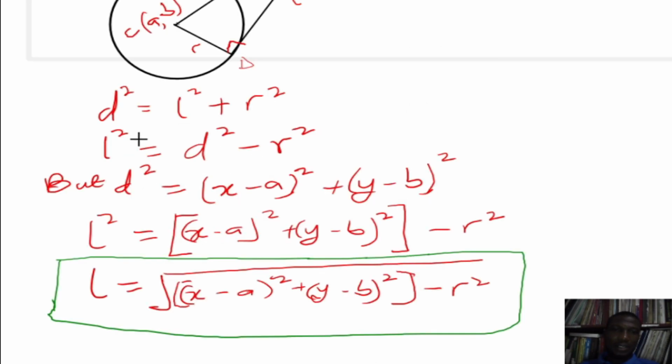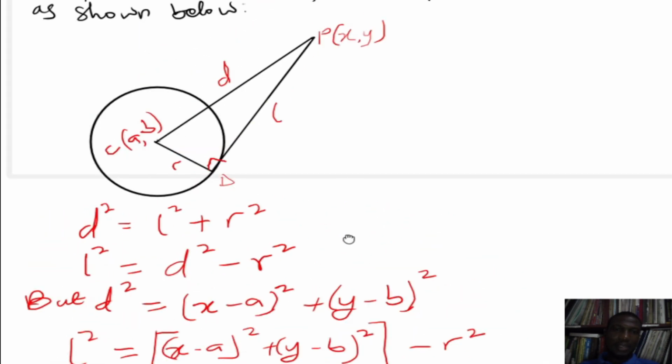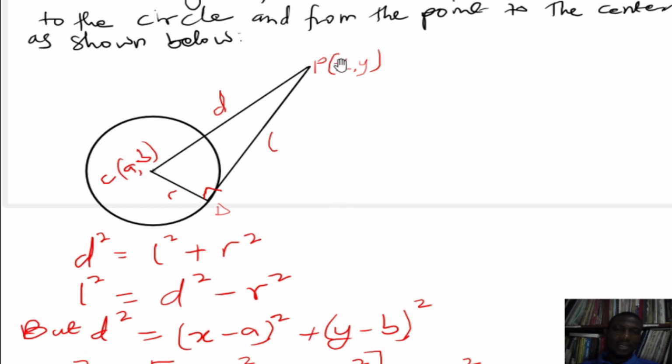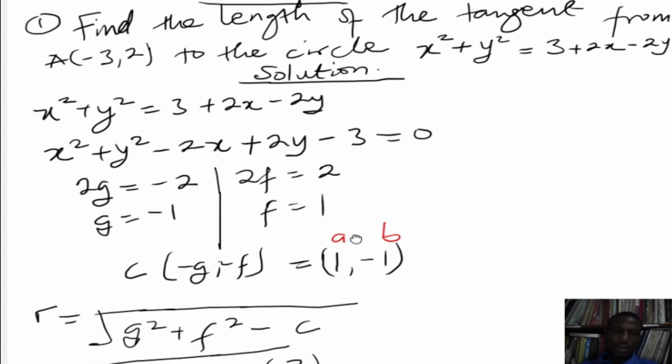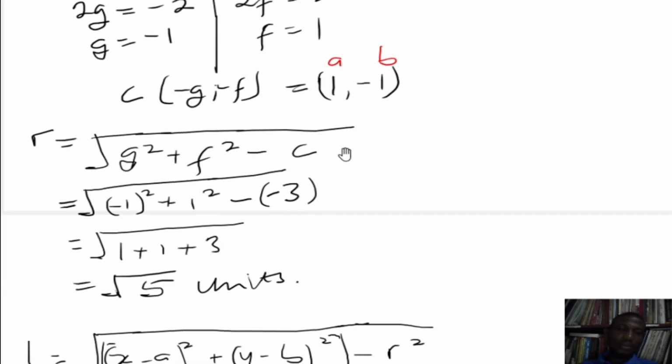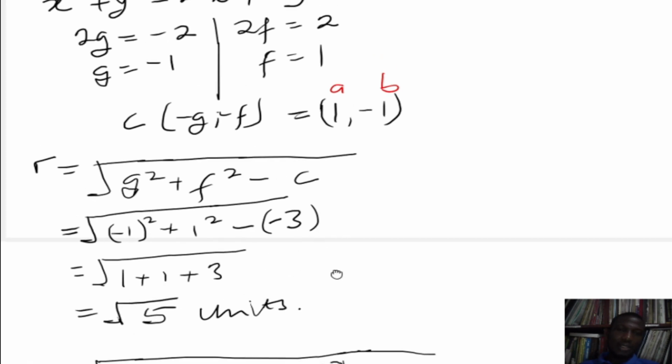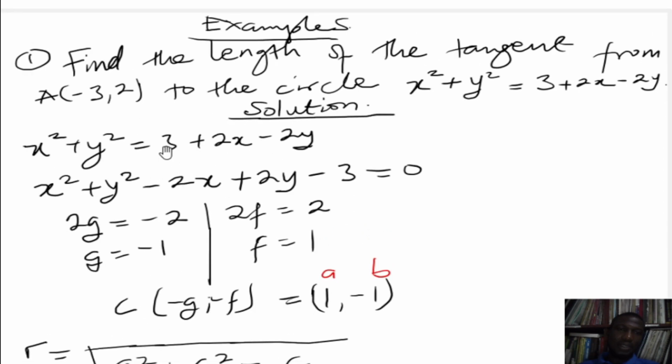Don't forget this diagram here. This diagram here, we are using this as x, y, a and b, so don't forget it. So this is our a, b, and this is our r, and the coordinate of our point negative 3, 2 becomes our x and our y.